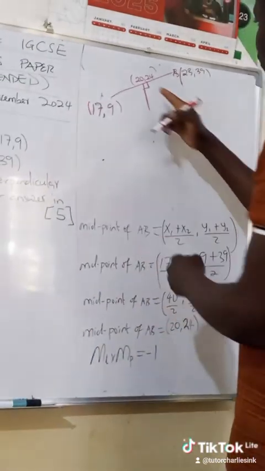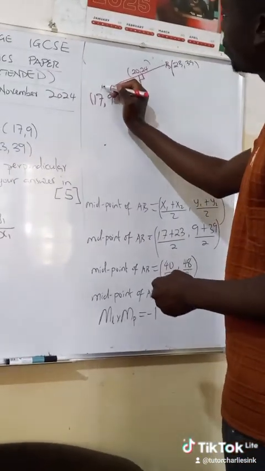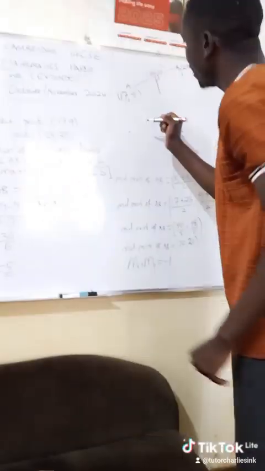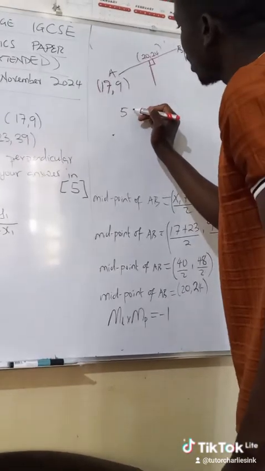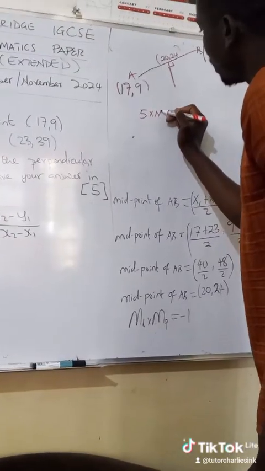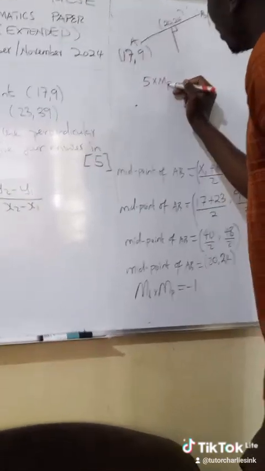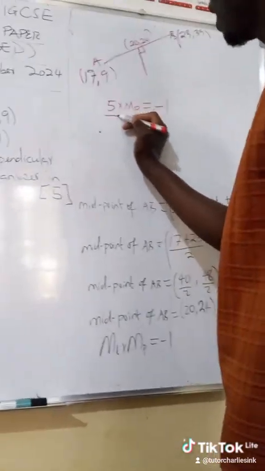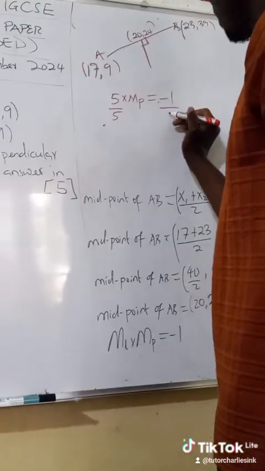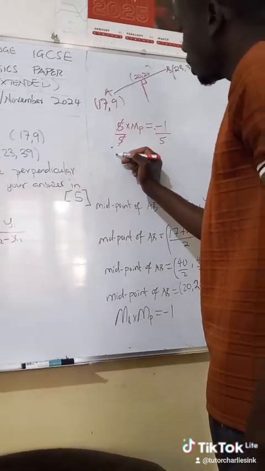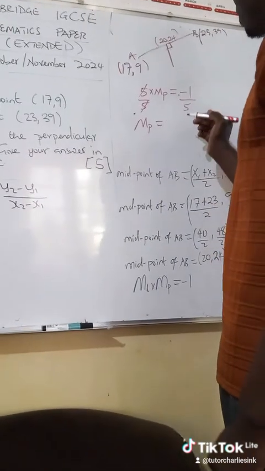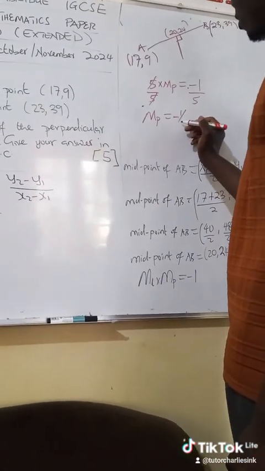When you multiply the gradient of this perpendicular line and the gradient of line AB, you must get negative 1. Now the gradient of AB is 5, so 5 multiplied by the gradient of the perpendicular bisector must give negative 1. To find the gradient of this perpendicular bisector, I'll simply divide by 5. So the gradient of the perpendicular bisector will be equal to negative 1 over 5.